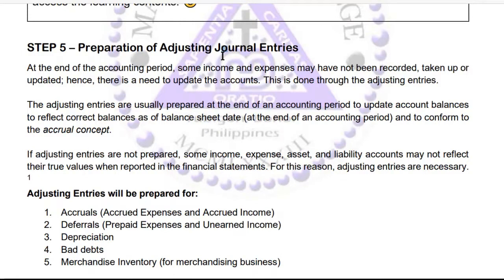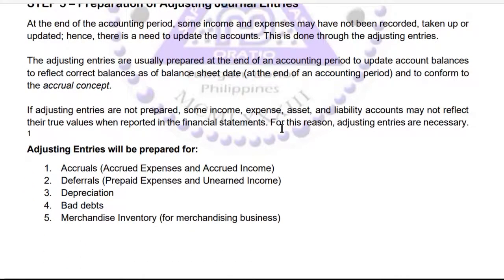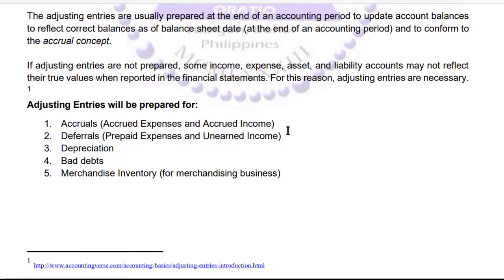The problem, if you do not prepare the adjusting entries, is that some elements of the financial statements may not reflect their true values when reported. So that's why there's a need to adjust the accounts. The adjusting entries will be prepared for the following. There are five main groups or five main transactions that will necessitate adjusting entries.